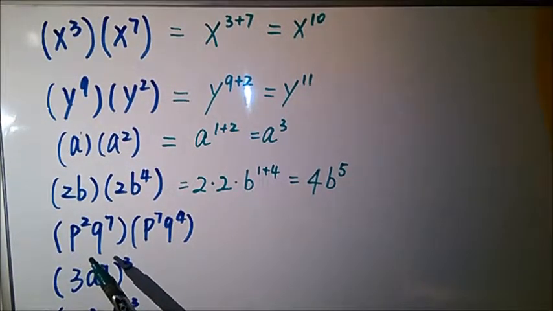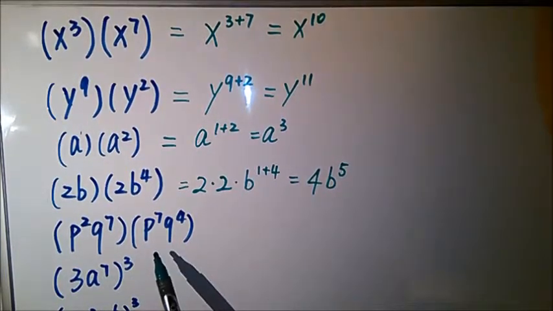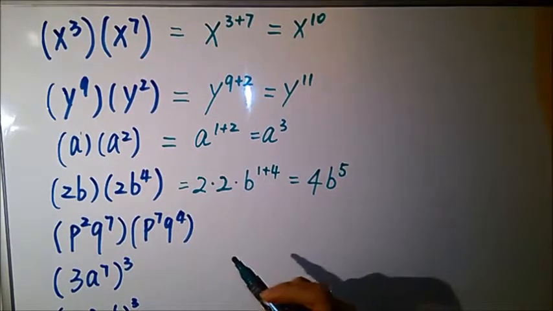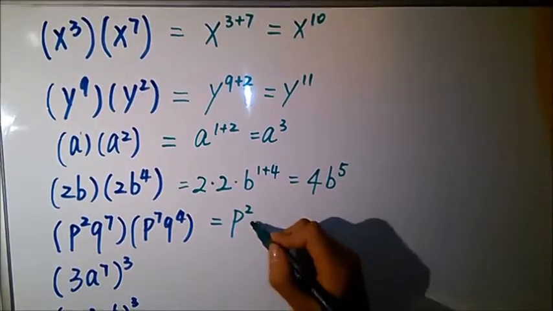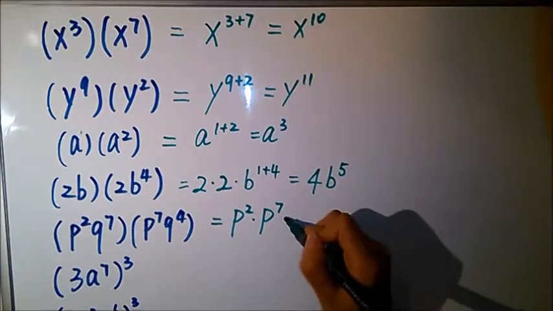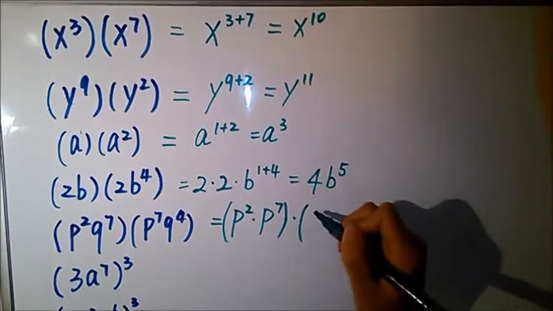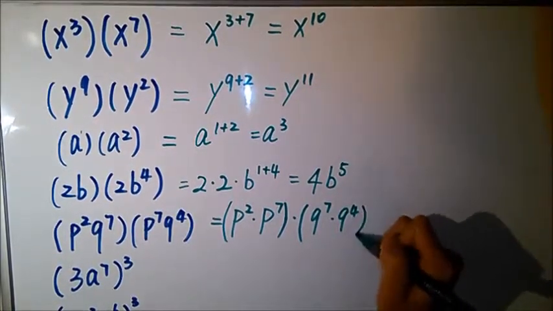P squared times Q to the 7th power times P to the 7th power times Q to the 4th power. Okay. We will multiply like terms, like bases. P squared times P to the 7th power. Put them together and put Q to the 7th power times Q to the 4th power. Wonderful.